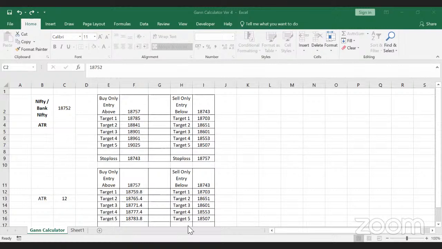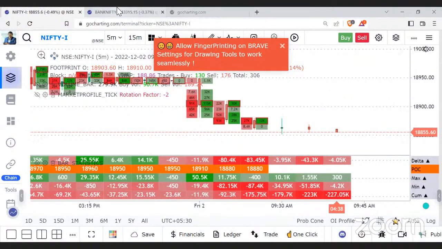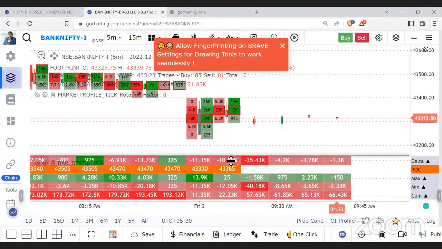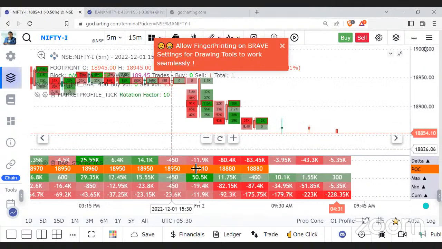Bank Nifty has to break the low, then only you will get some bigger selling coming in. Let me show you from order flow also. Order flow, if you see, Nifty is actually having bigger selling. Bank Nifty still does not have much selling. There is some selling, but comparatively, Nifty has more selling.